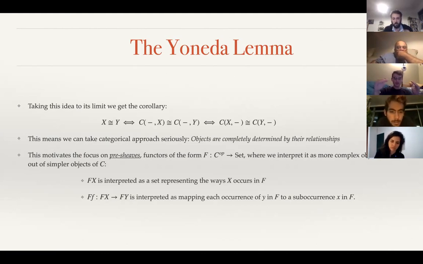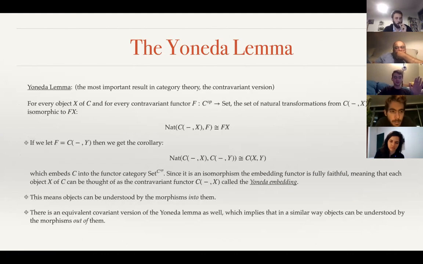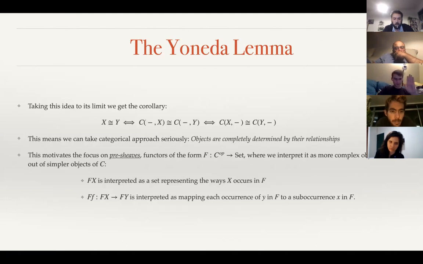The Yoneda lemma kind of suggested it, but it was confusing because there's this natural transformation and there's the image of the functor. There are all these weird things. When we apply it in a straightforward way, we get exactly this: the objects are completely determined by their relations. Does this make sense by this equation above?